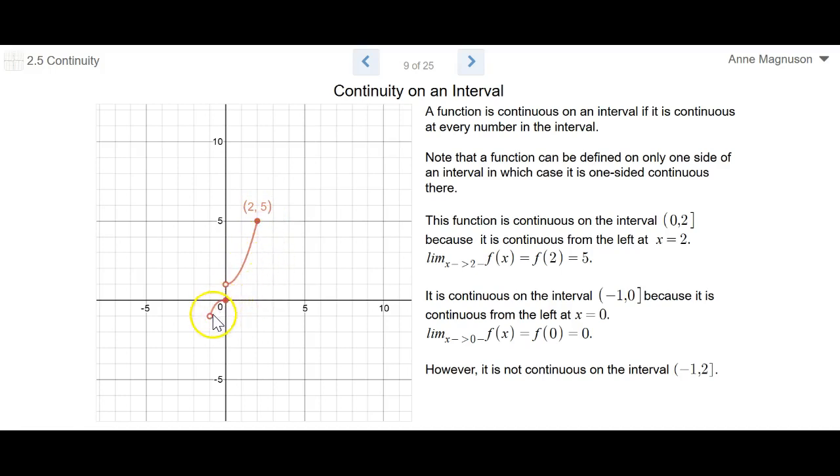If we look at this piece, this is also continuous from the left at 0 because as x approaches 0 from the left, the limit exists and is equal to f of 0. So this function's continuous on the interval open 0 to closed 2, and it's continuous on the interval open minus 1 to closed 0, but it's not continuous on the entire interval.